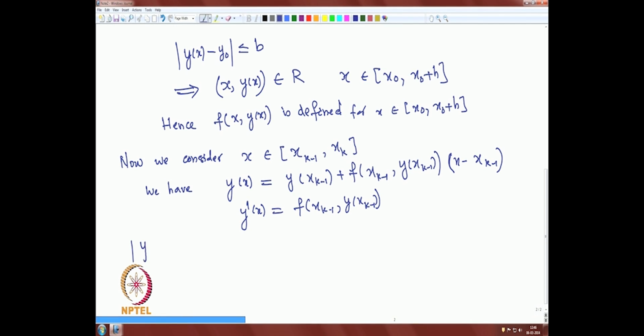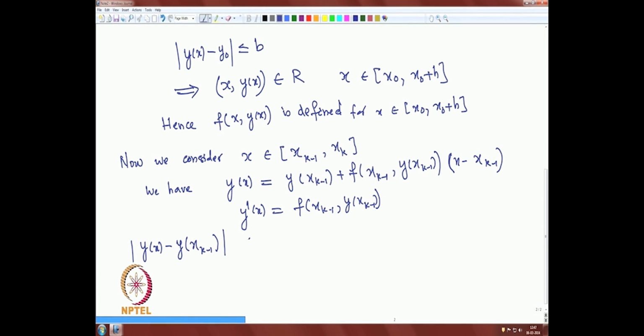So, let us see what |y(x) - y(x_{k-1})| is here: the solution minus the solution at the starting point.